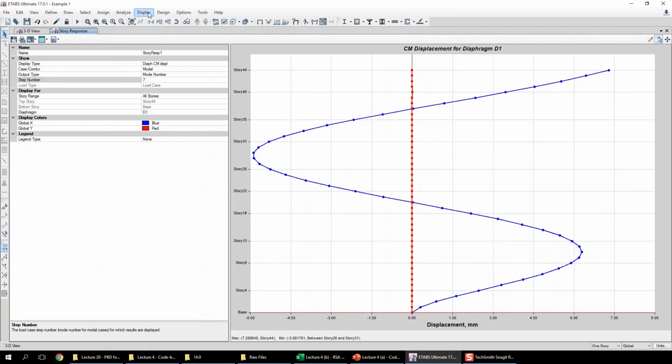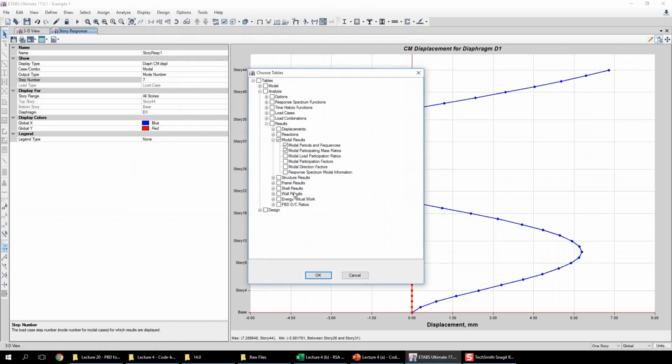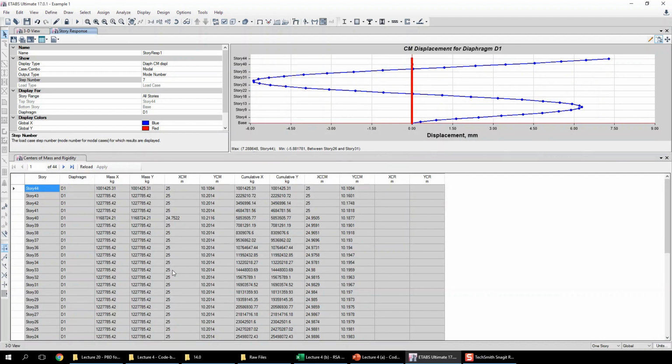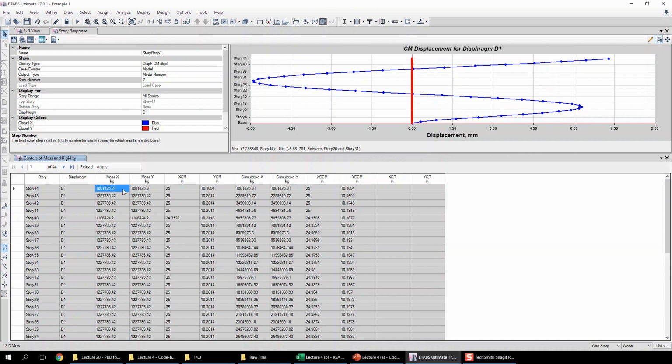That you can see here in display, and in here show tables, and then you can go to, for example, this structure results and center of mass and rigidity. You can check that and click OK. So here you will have the story mass for all the stories, here this one, and it will obviously be the same for X and Y directions, same number.